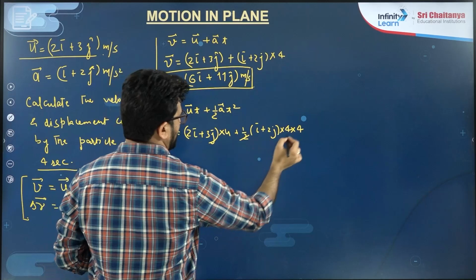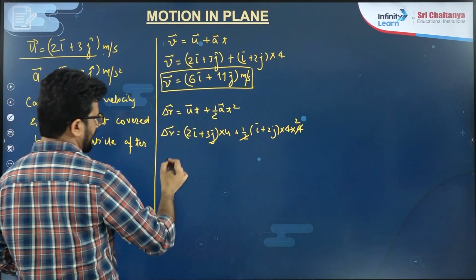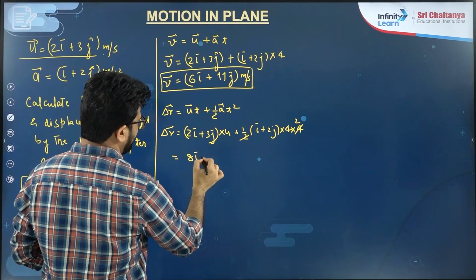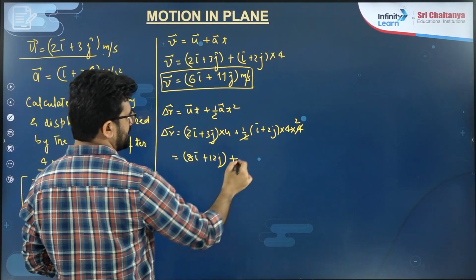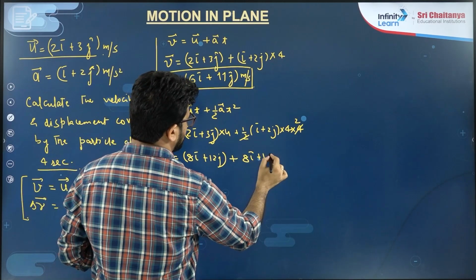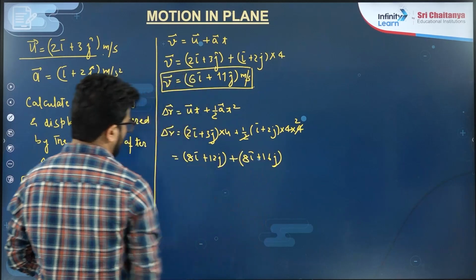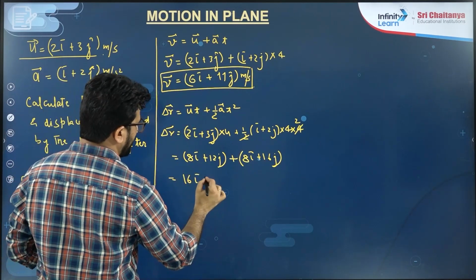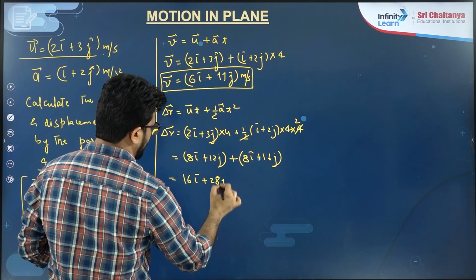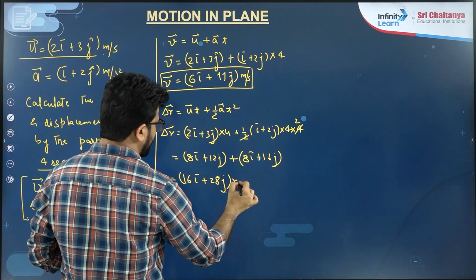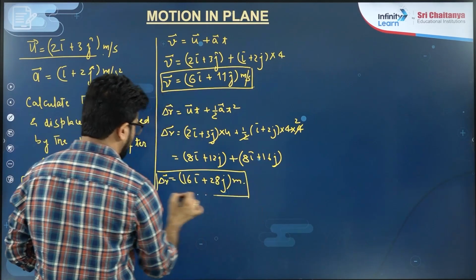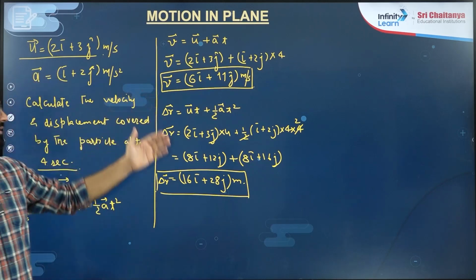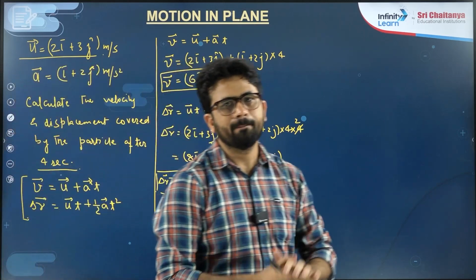From here, I'm doing a few calculations: that is equal to 8i from here, 12j, and from here 8i plus 16j, so you get 16i plus 28j. You can check the calculation. If there is any mistake, you can comment. Okay, it's a basic calculation you can do. So this is the final velocity, and this is the displacement covered by the particle.